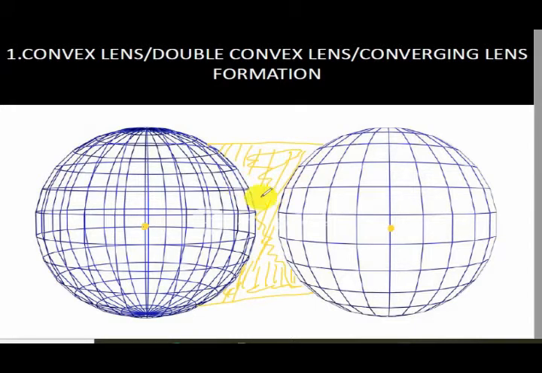When we cover this empty space, this structure so formed is what? Convex or concave? Anyone? See, this structure, it looks like which type of lens?